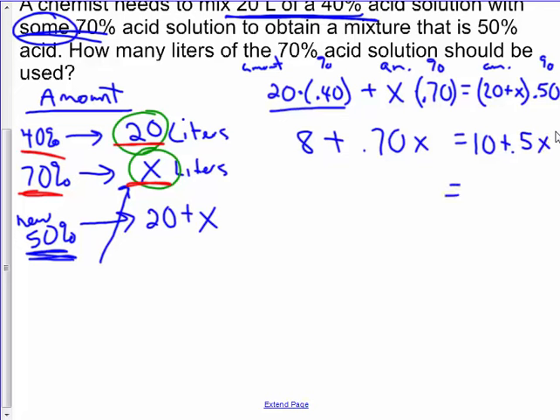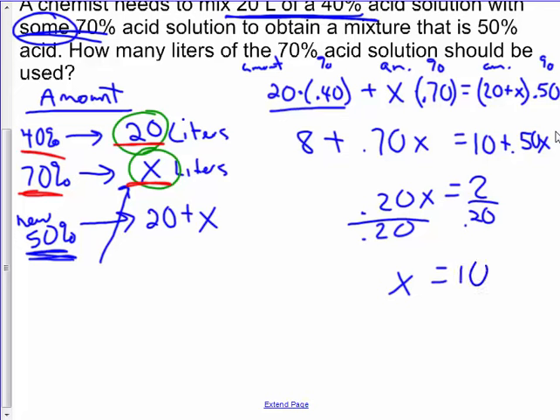Again, 0.5, that's 50%. So I'm going to move stuff over. I'm going to move my x's to one side, my constants to the other. I'm going to subtract 0.5x. When I divide by 2, I get x equals 10 liters. So what did it ask me? How many liters of the 70% solution should be used? I should use 10 liters of the 70%.